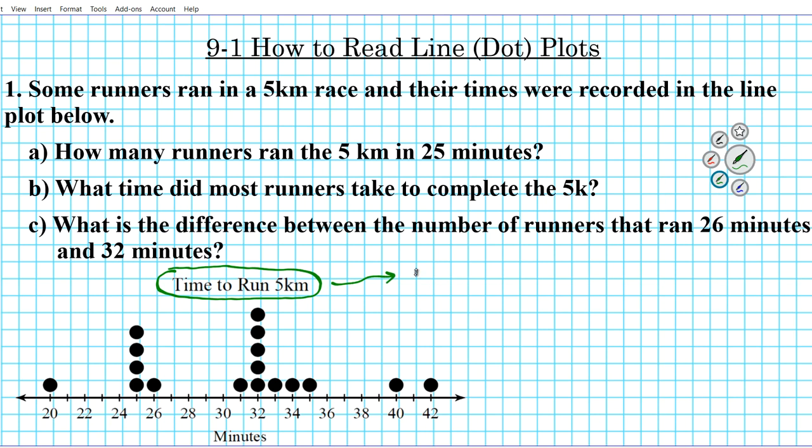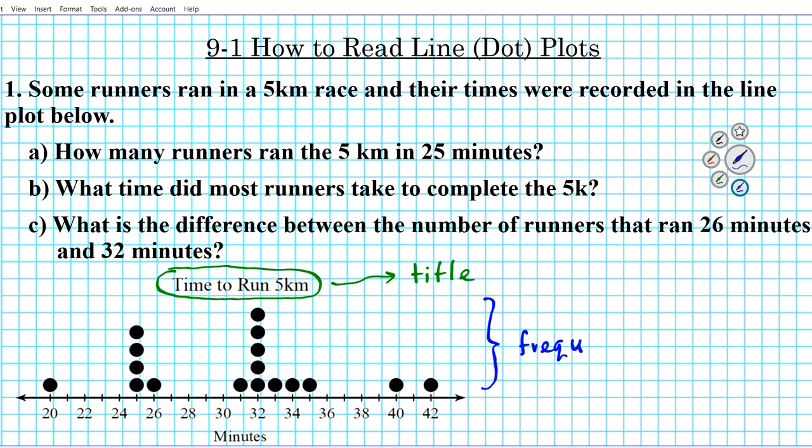So we have the title, and then you will have a horizontal line above it. It will be populated with dots, or sometimes X's are used in place of the dots. They mean exactly the same thing. The number of dots or crosses that are present represent the frequency. So what does frequency mean?